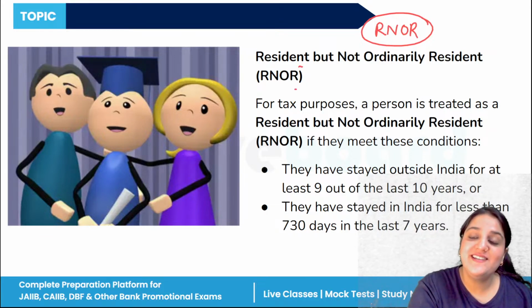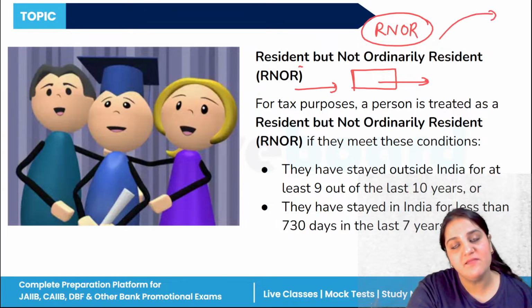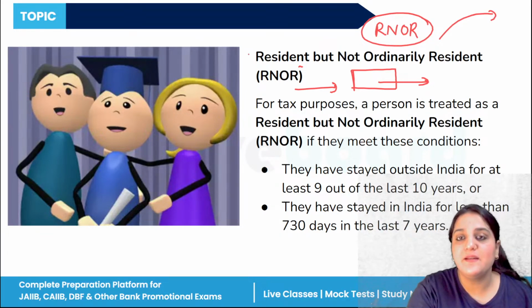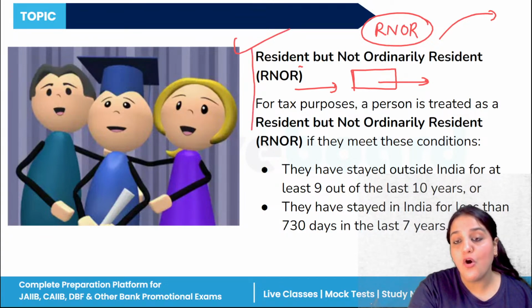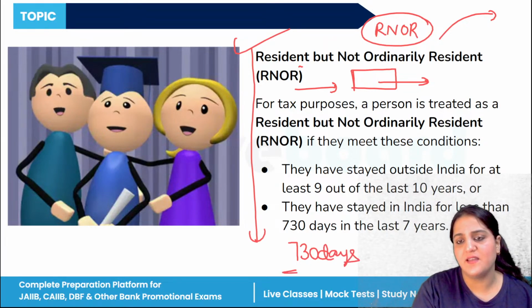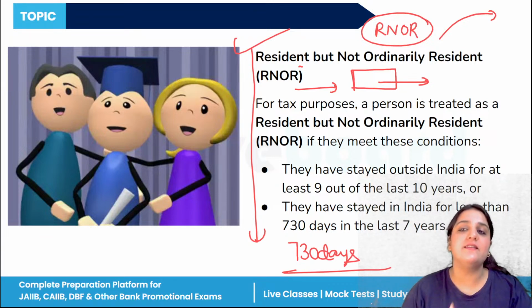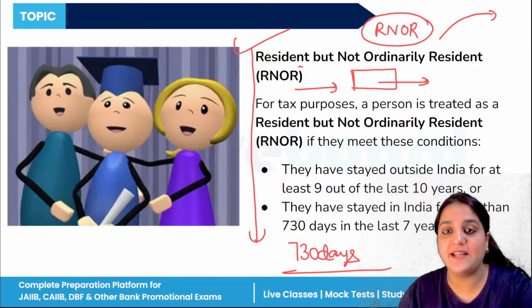RNOR, for tax purposes, a person is treated as RNOR if that person is outside India for 9 years out of 10 years, or this person has only stayed for 730 days in the last 7 years, that person is considered as resident but not ordinary resident. Clear? For the tax purposes I am telling you.